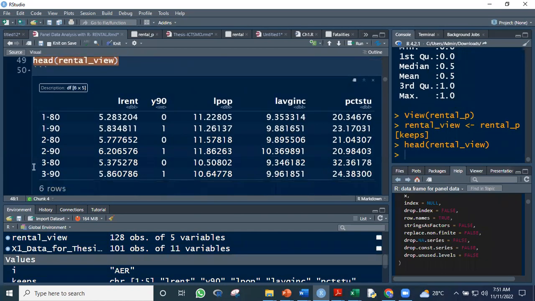Take note, here you have the index, the city and the year, city year, city year. So this is what happened when we converted it into panel data. We have here the log rent, the year, the log population, the log average income, and the percentage students.